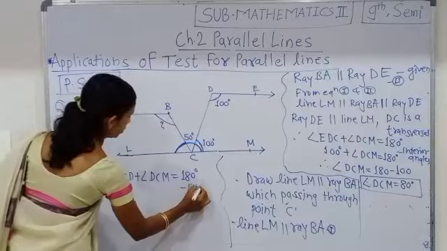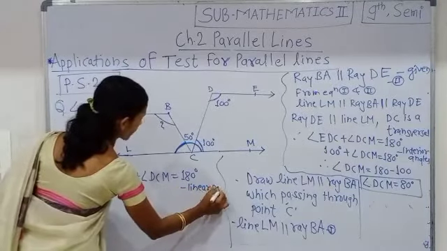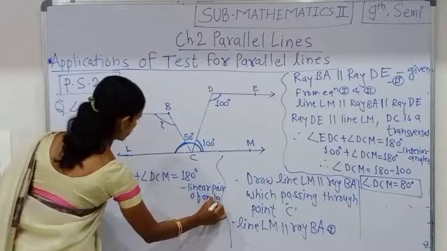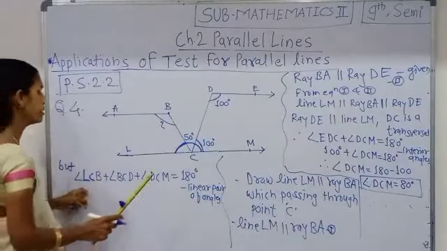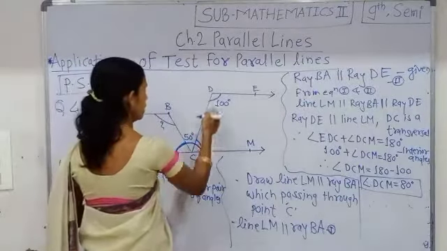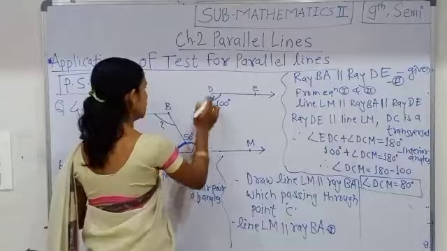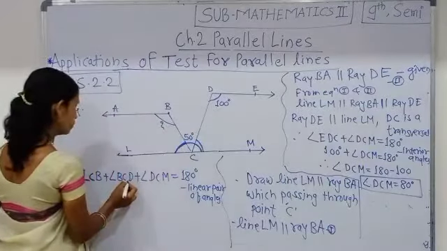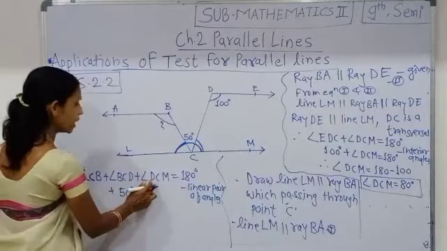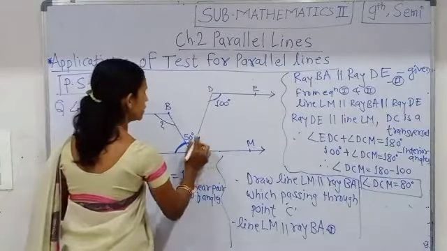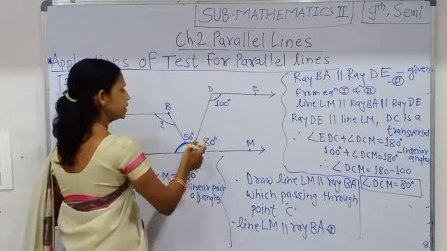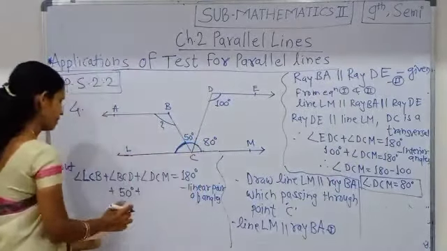That is a linear pair of angles. But here angle BCD is 50 degrees, plus angle DCM, it is 80 degrees.